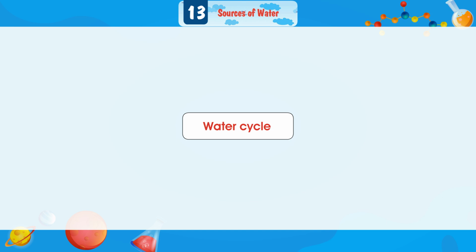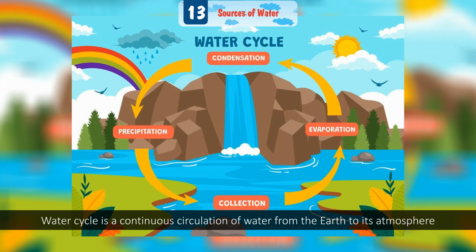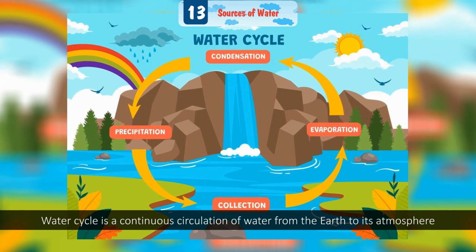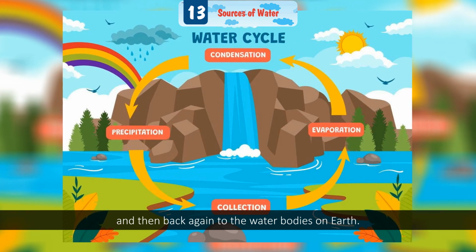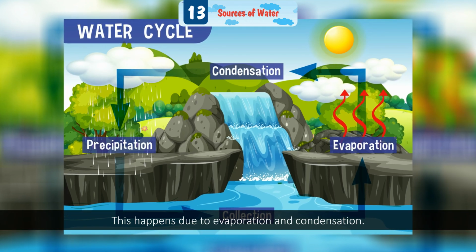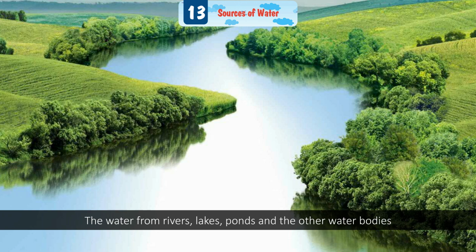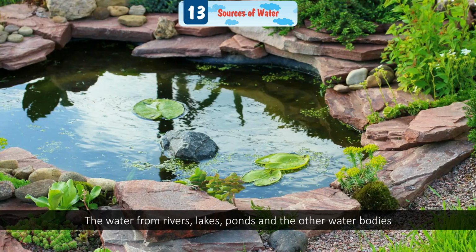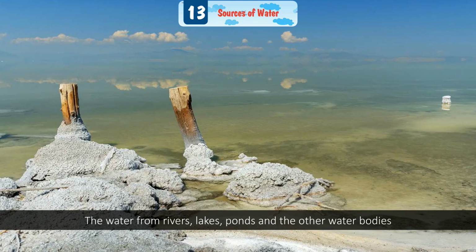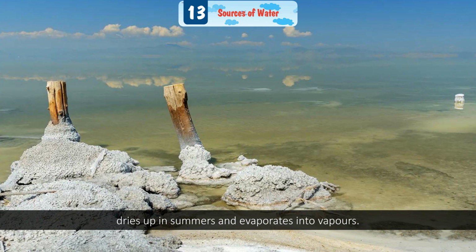Water cycle. Water cycle is a continuous circulation of water from the earth to its atmosphere and then back again to the water bodies on earth. This happens due to evaporation and condensation. The water from rivers, lakes, ponds, and the other water bodies dries up in summers and evaporates into vapors.